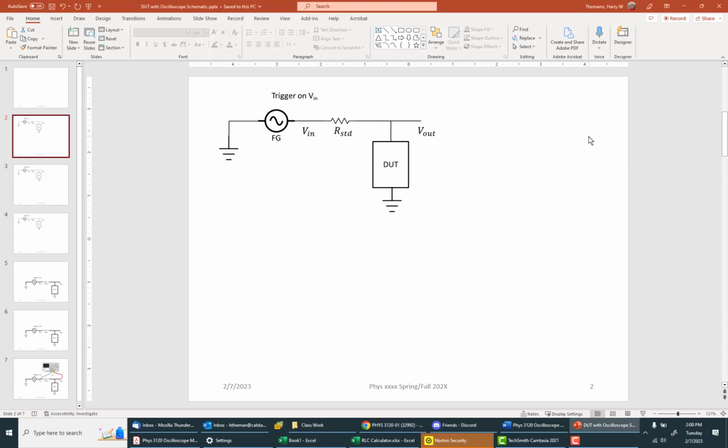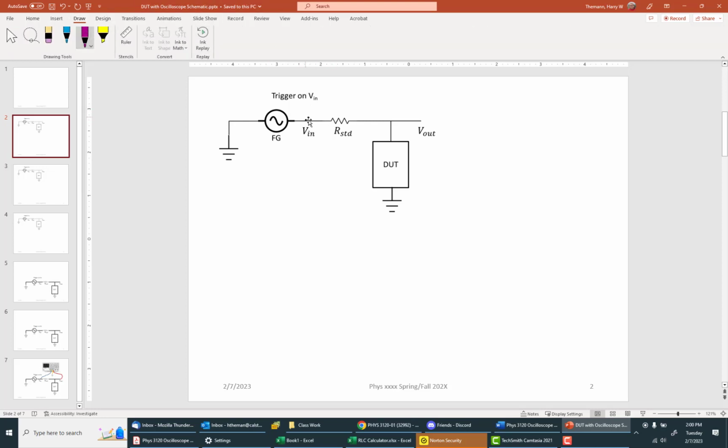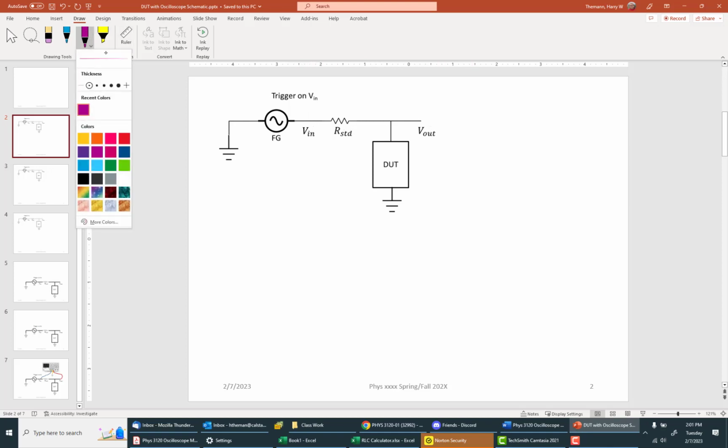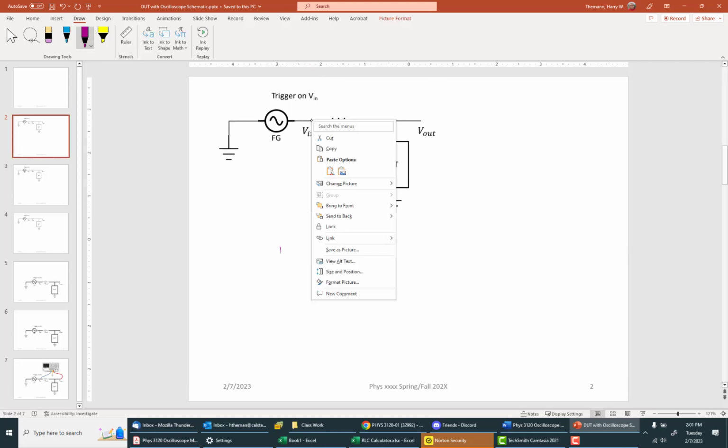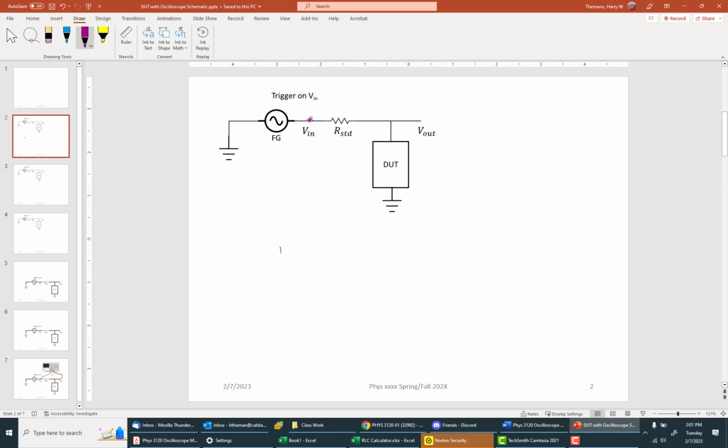So anyways, now, hopefully you recognize that with this, we have our R standard, and we have our device under test here, and we have a V in, and we have a V out. And if you want to get picky, there's where we might put a voltmeter.